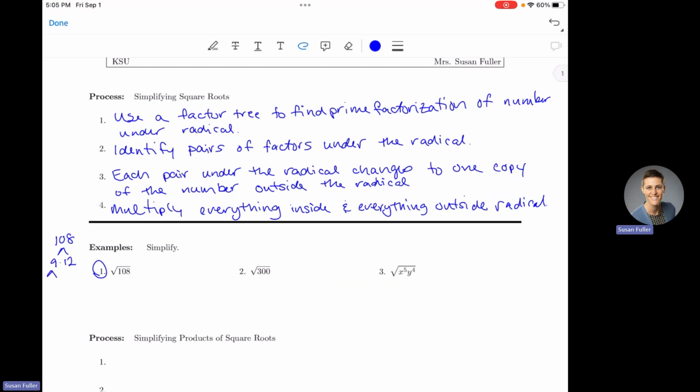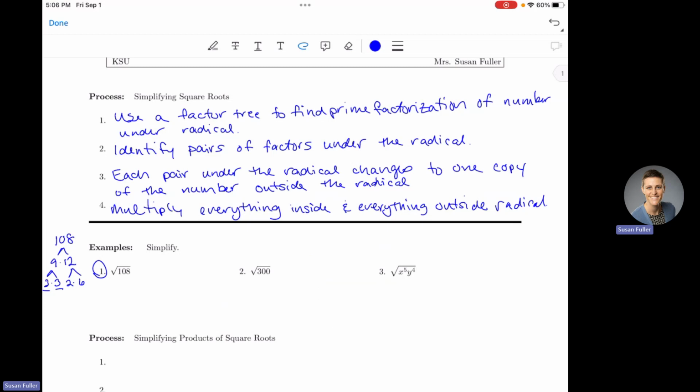So 9, I know that can be broken down into 3 times 3. And then 3 can only be itself and 1. And so those are the end of the line. And I know 12 can be broken down further. You can either do 4 times 3 or 6 times 2. You'll get the same answer either way, so it's up to you. I'm going to do 2 times 6.